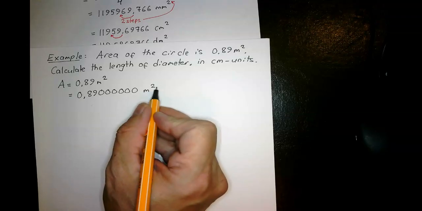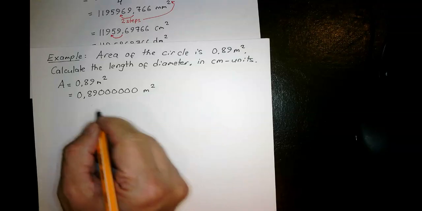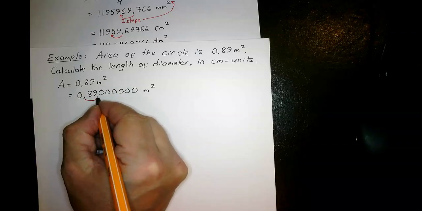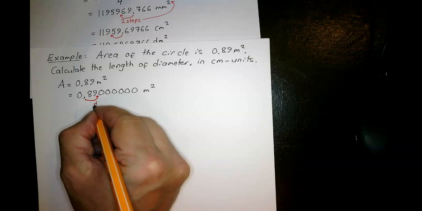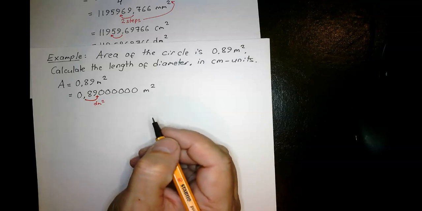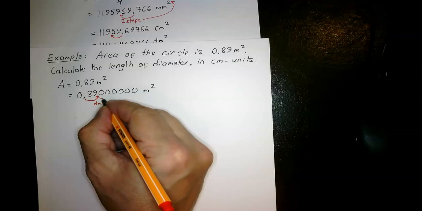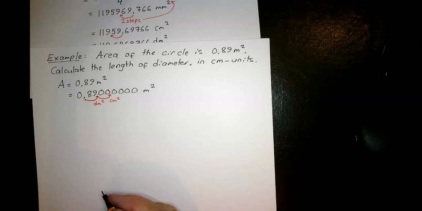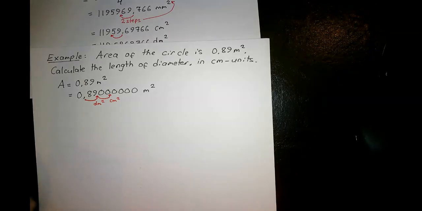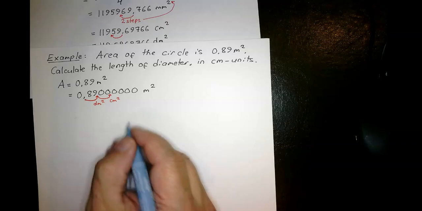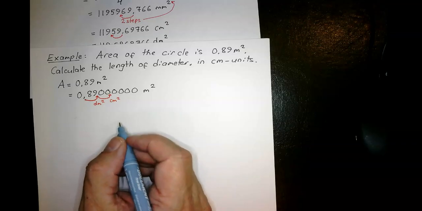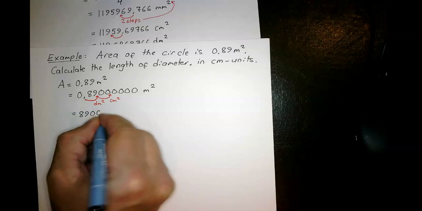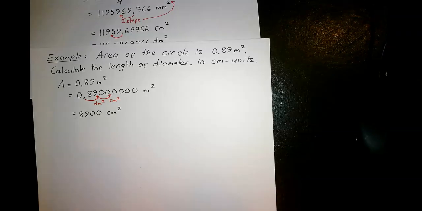And again, the exponent is 2, so we will move 2 steps. When we move there, we will get square decimeters, and when we move here, we will get square centimeters. So the area of this circle in square centimeters would be 8900 square centimeters.